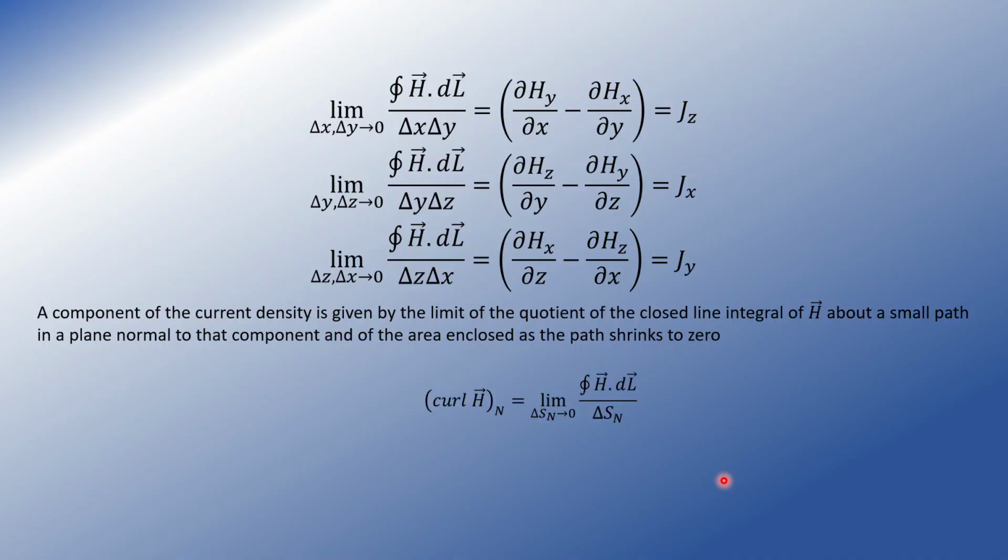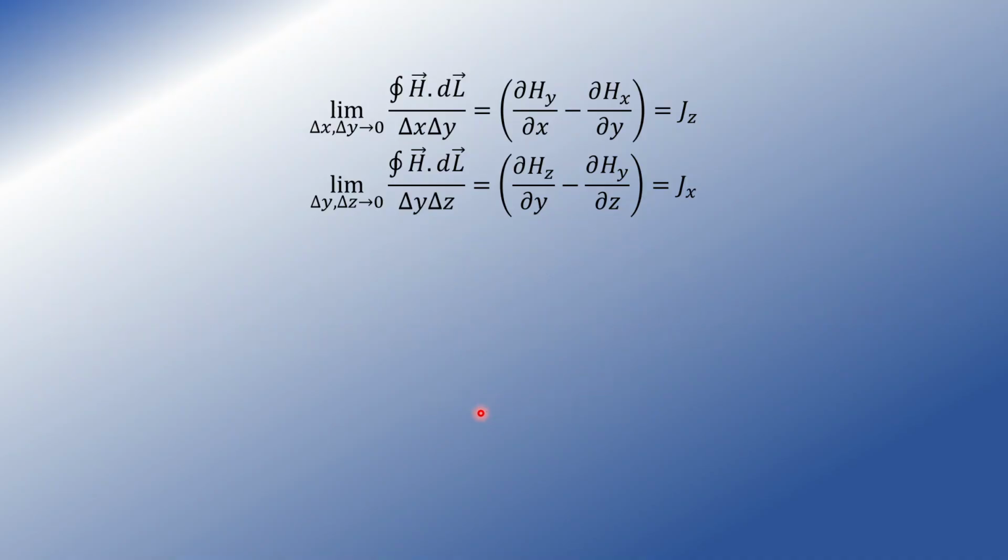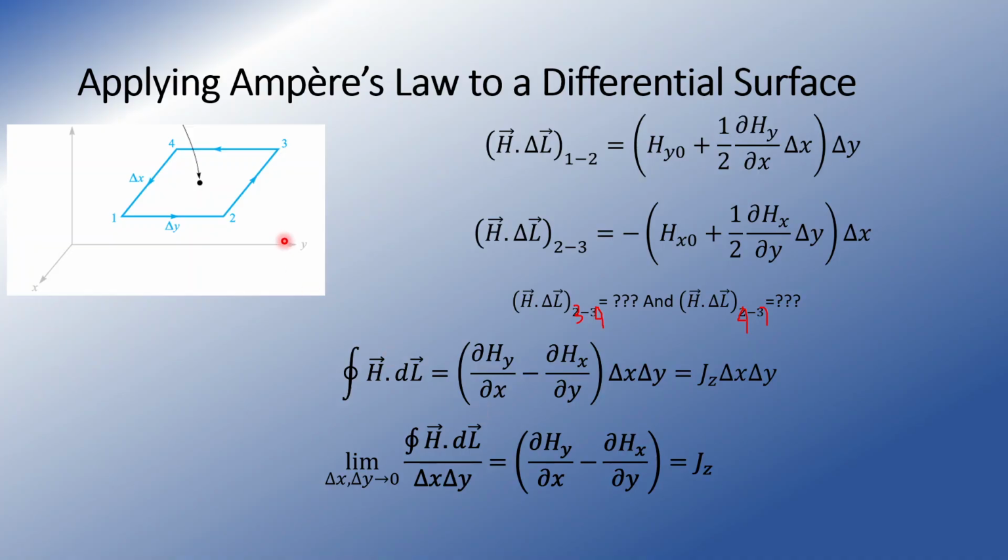So considering this definition, we call this curl in vector calculus. That is, limit area tending to 0, the quotient we get by dividing the closed line integral about a small path.